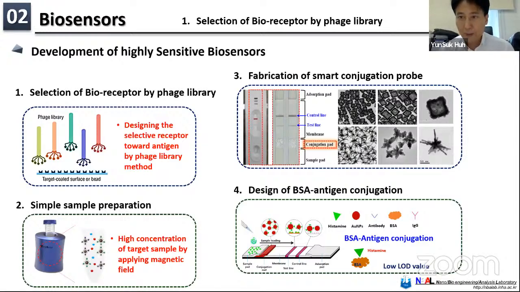And the second thing, you can imagine that for on-site or portable sensing techniques, there are several steps of sample preparation, or complicated sample preparation steps. So that portable sensing technique is not available to obtain useful signals.